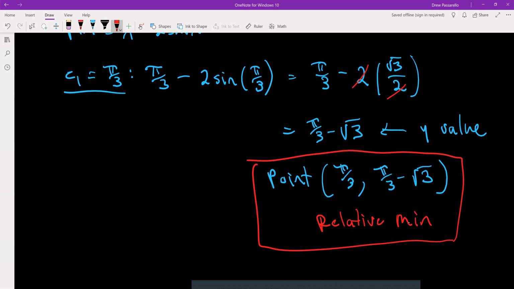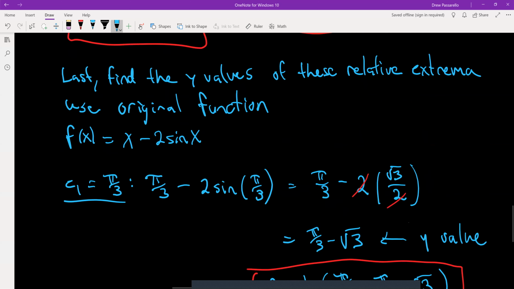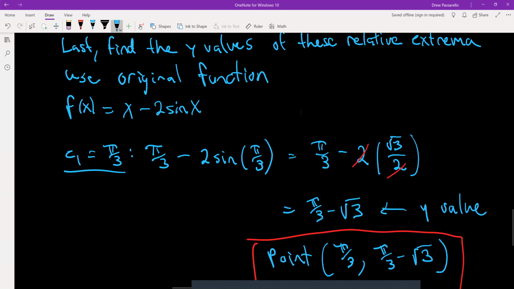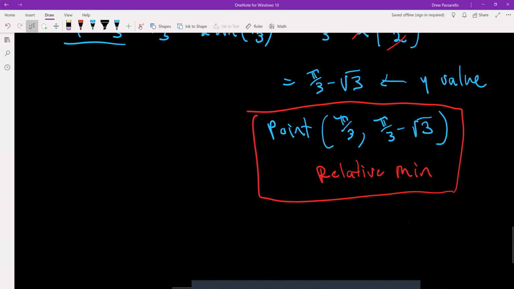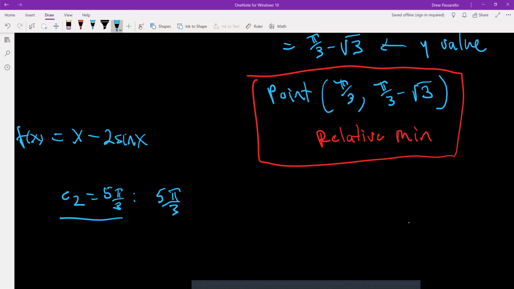Now we plug in the other one, 5 pi over 3, into the original function, x minus 2 sine x. So that's going to be 5 pi over 3 minus 2 times sine of 5 pi over 3.